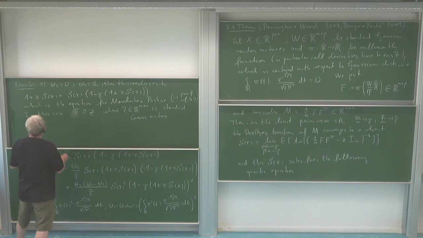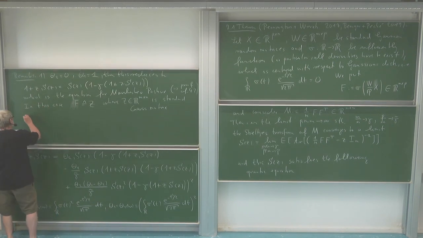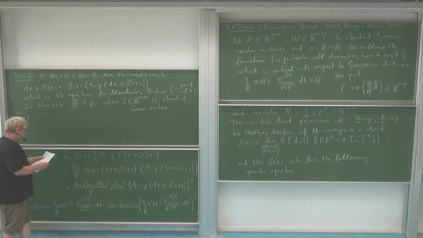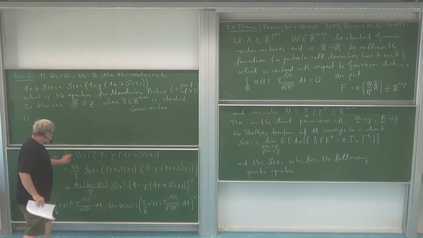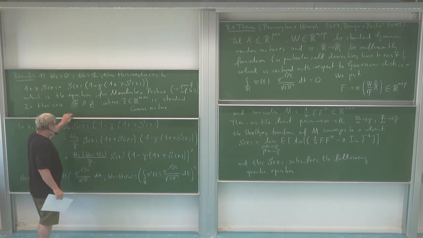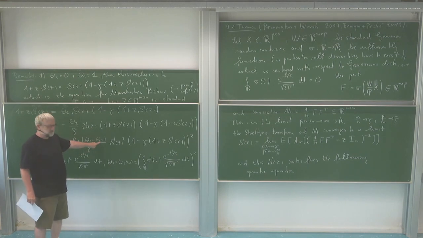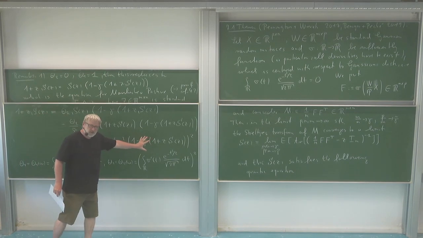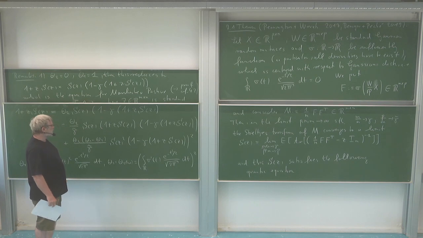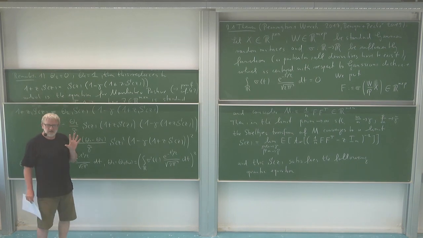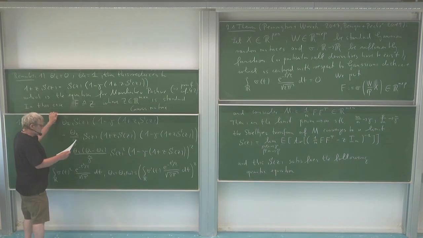Good. Another special situation is if I can get rid of the third term, if theta 1 is equal to theta 2. Then this term will disappear, and it's not fourth order anymore, but only third order. So that's a very special situation.